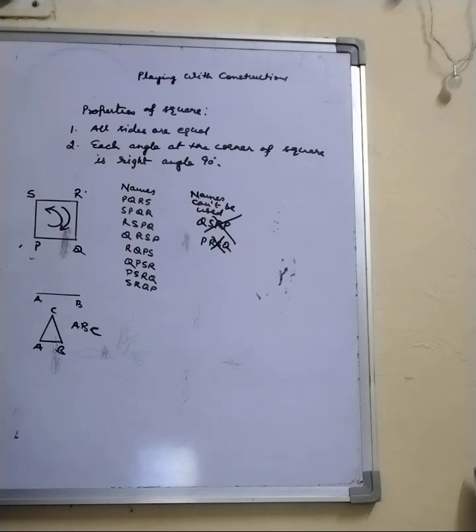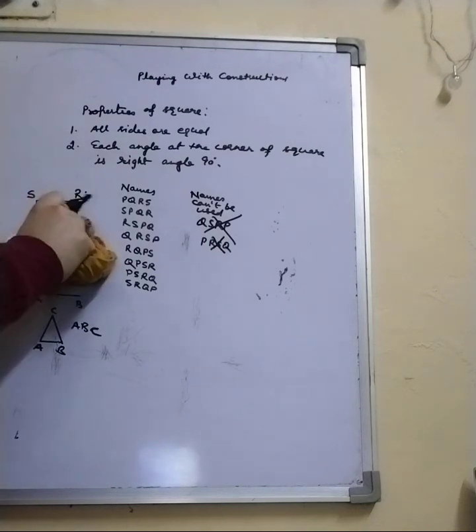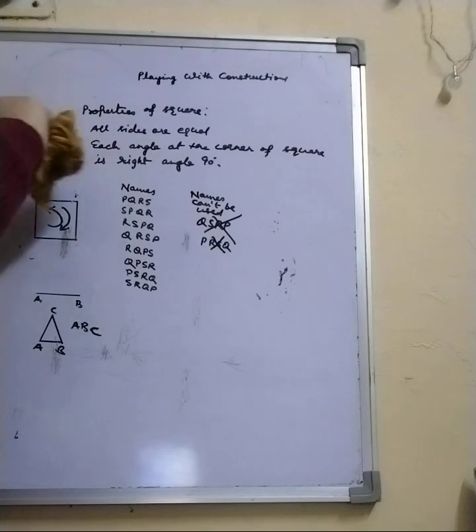Now the same question has been asked in the book: which of the following is not a name for this square, and you have been given a square with PQRS. So let's first name it according to the book.